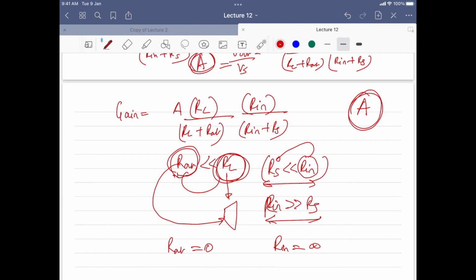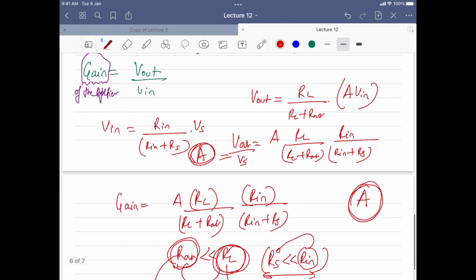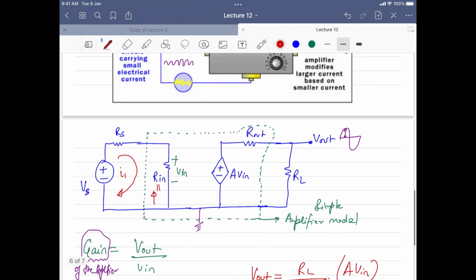Yes, sir. So if that is the case, then this is the property of the amplifier: the input resistance of that amplifier should be very high, and ideally it will be infinite, and the output resistance of the amplifier should be very small, and ideally it can be 0.